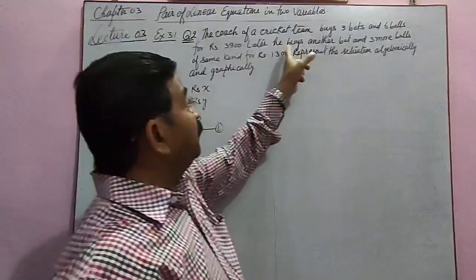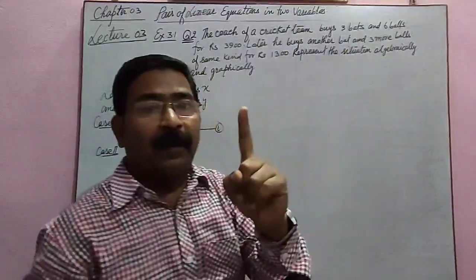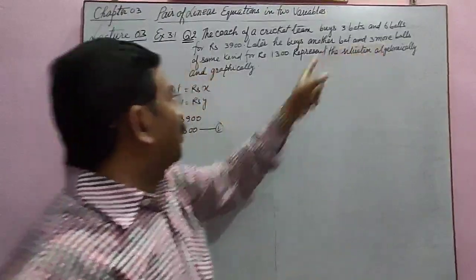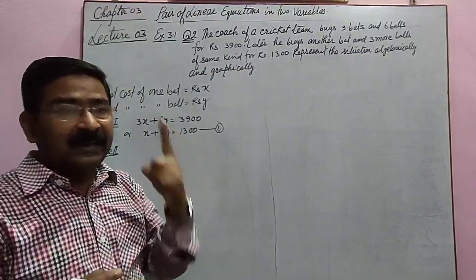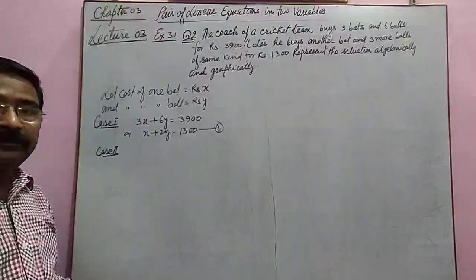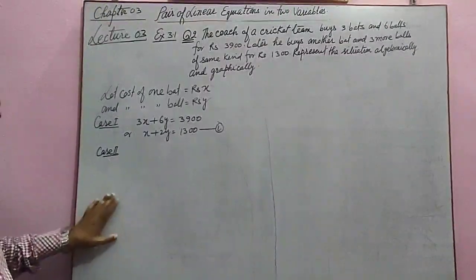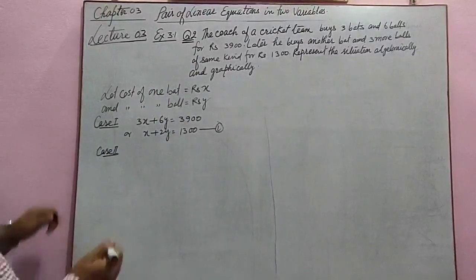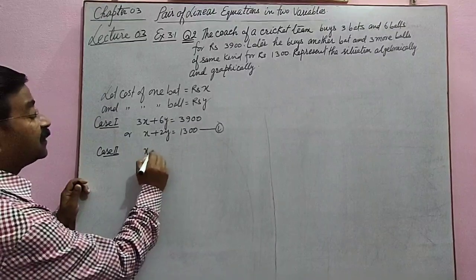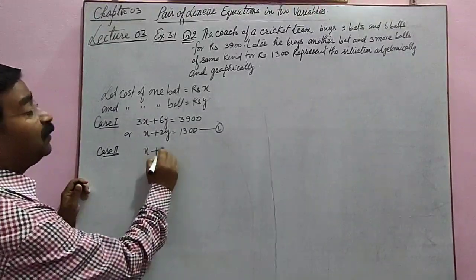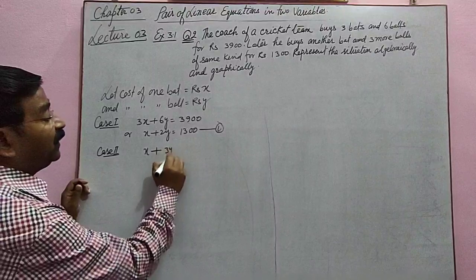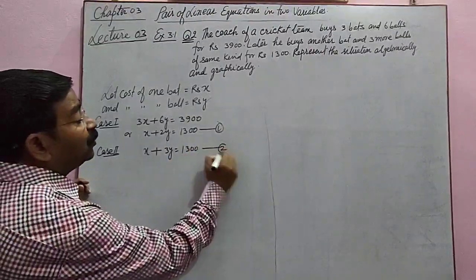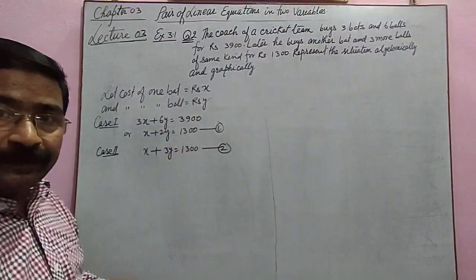Given, now he buys another bat, means 1 bat, and 3 more balls, for rupees 1,300. So we have X plus 3 more balls, so 3Y is equal to 1,300. Equation number 2.